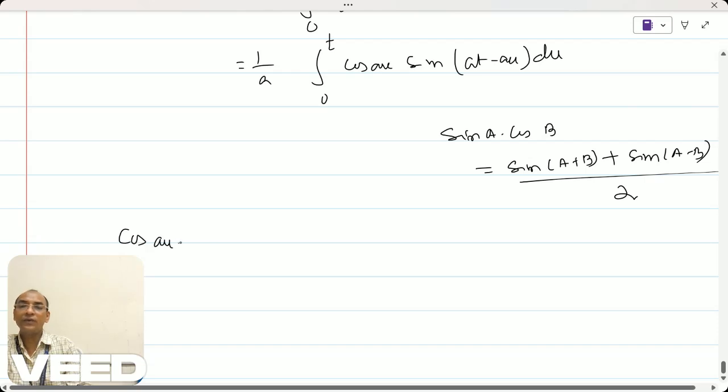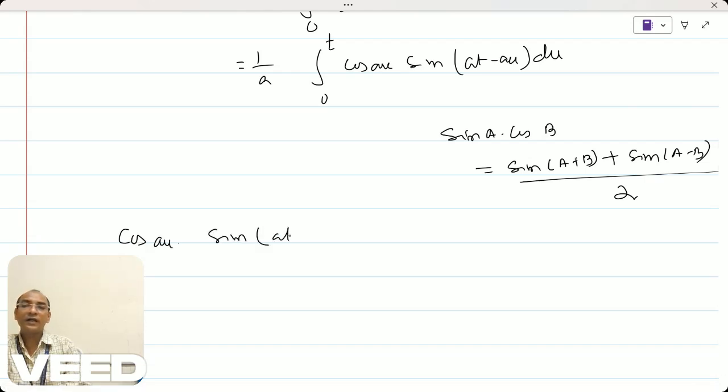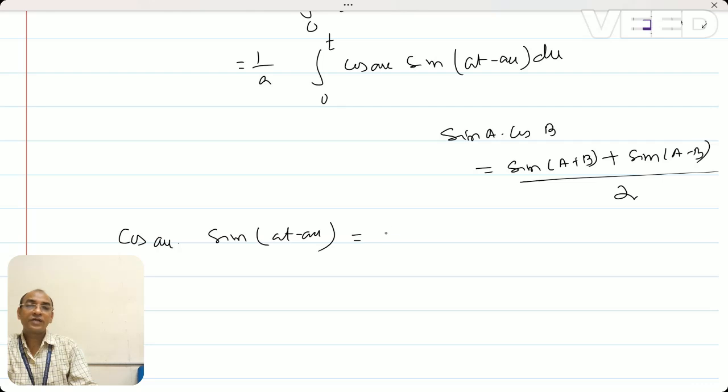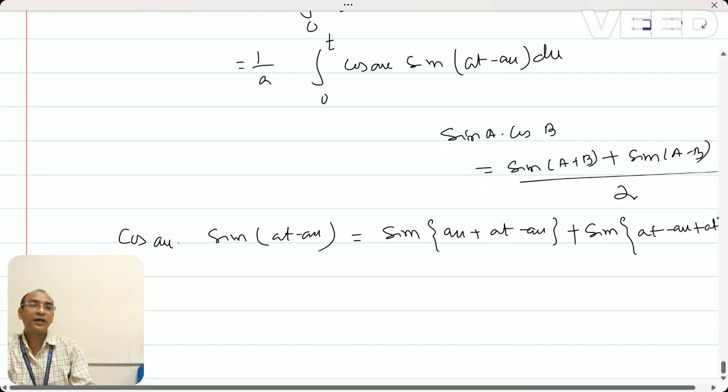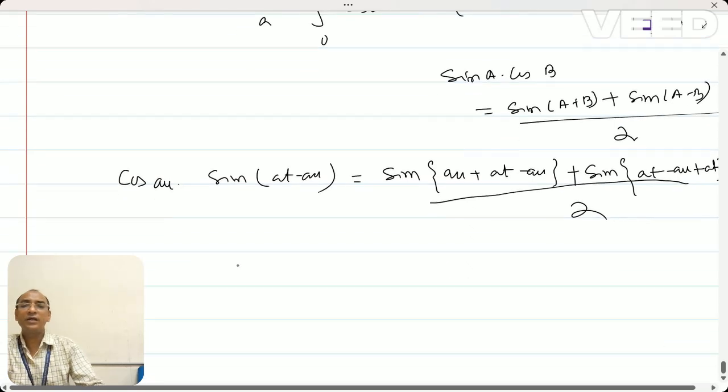cos au sin(at minus au) will be nothing but sin(au plus at minus au) plus sin(at minus au minus au), which is (at minus au minus au) whole divided by 2.